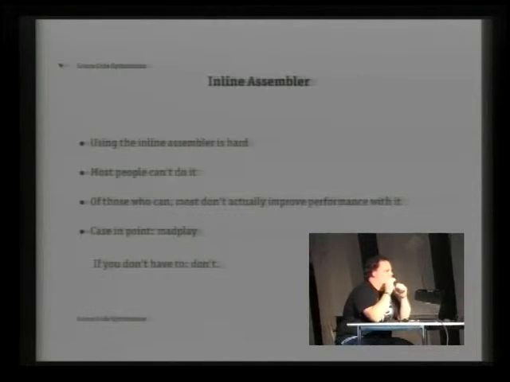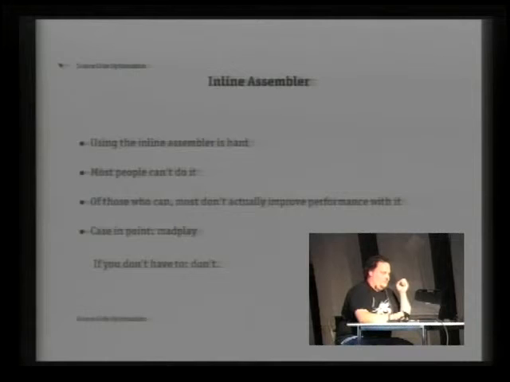But only after you change something else in the code, suddenly the result after the inline assembler statement is wrong. Or the inline assembler statement is moved along because you forgot to declare that it modifies memory, and the compiler thinks, well, it doesn't do anything, so I can move it around. So most people cannot do inline assembly in GCC, and that's a good thing. Most of those who can do it don't actually improve performance with it.